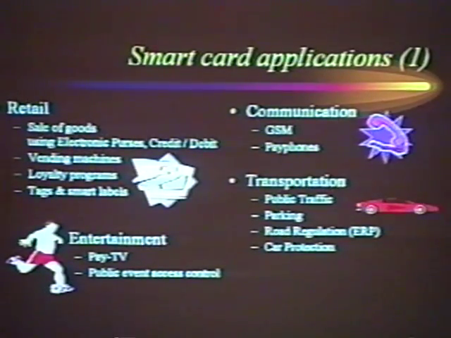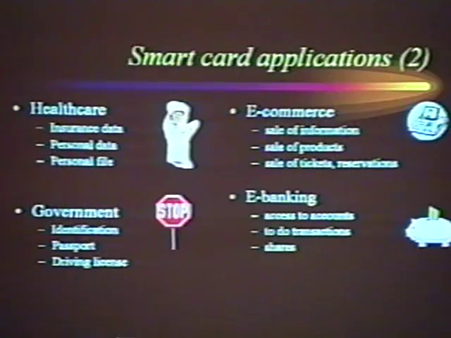Transportation is something that is coming. Things like electronic road pricing, parking, and public transport. I think it's not used so much yet, but it's growing. Healthcare can be quite important. Suppose you get a heart attack, they bring you to the hospital.